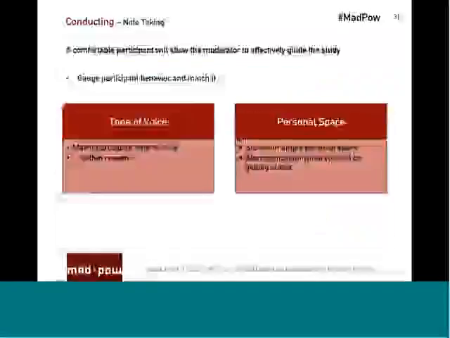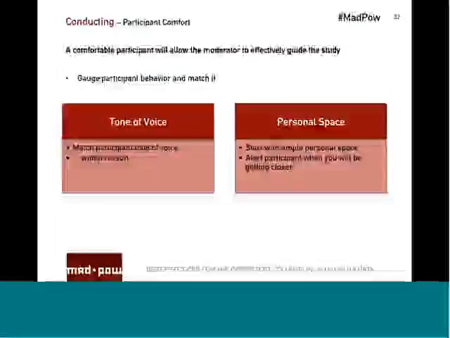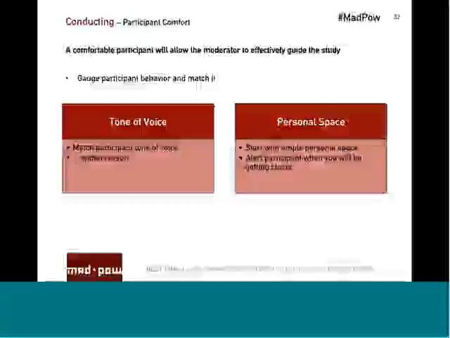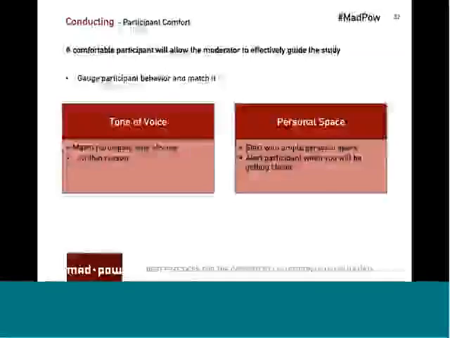And regarding participant comfort, there are really 2 main points here. You want to match their tone of voice, within reason, of course. If they're loud and boisterous, you don't want to be loud and boisterous. But if they are quiet and soft, you try to mimic their tone of voice in order to put them at ease. Again, within reason, you want to make sure that you're recorded and your voice isn't too low. Additionally, personal space.